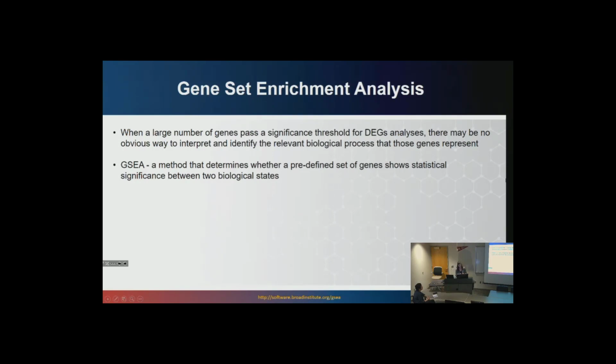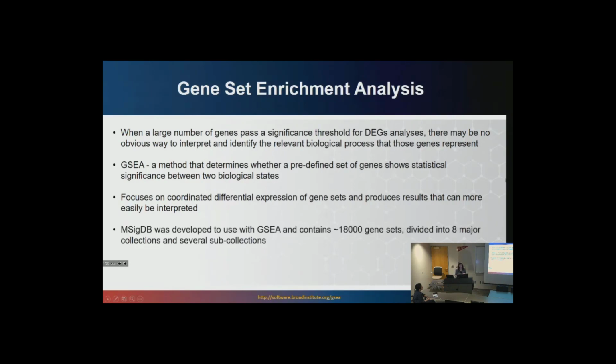Gene set enrichment analysis is a method that determines whether a predefined set of genes shows statistical significance between two biological conditions, for example, tumor versus normal. It focuses on coordinated differential expression of gene sets and produces results that can more easily be interpreted.